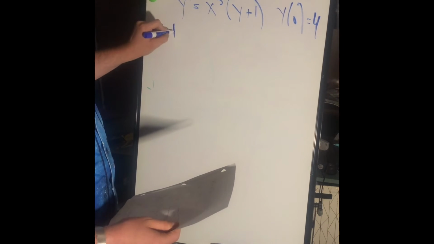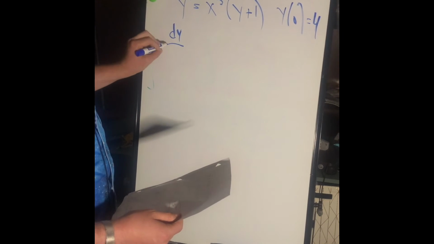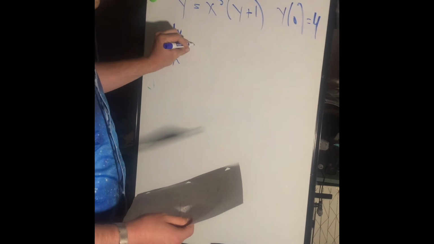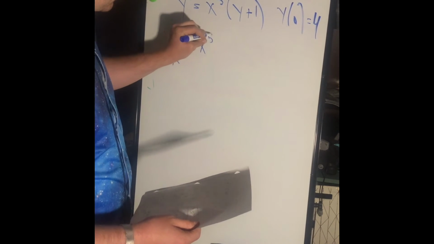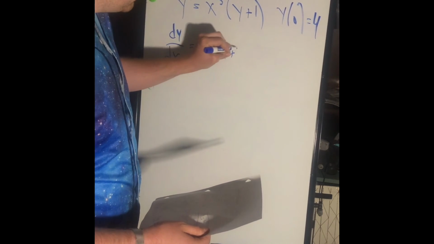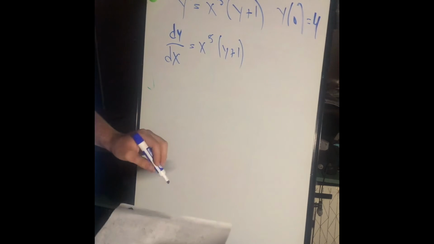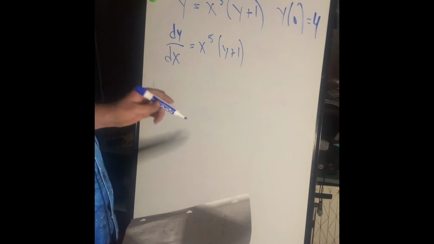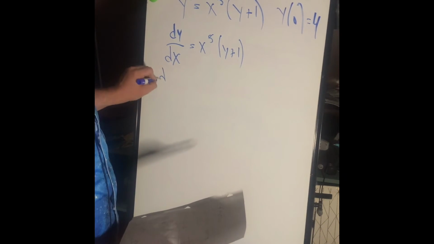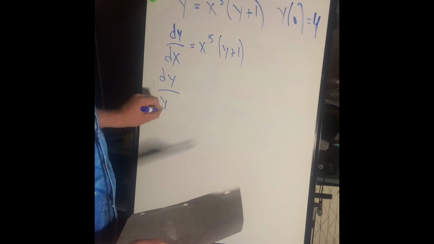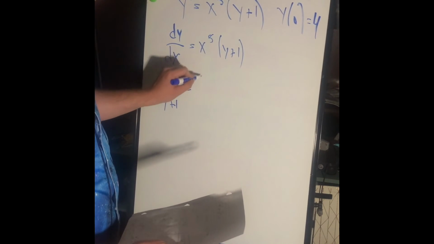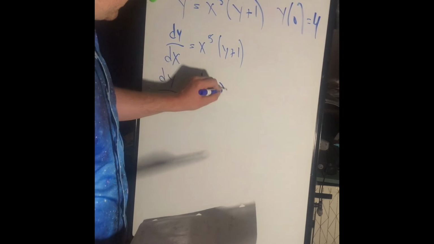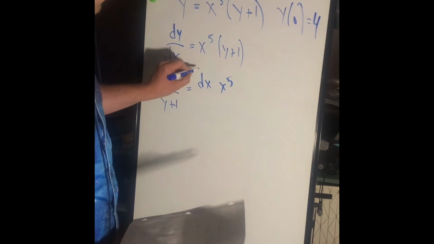So we've got to remember that y prime is dy/dx equal to x to the 5th (y plus 1). And here we just separate the variables. dy over (y plus 1) is equal to x to the 5th dx. And then we just integrate.